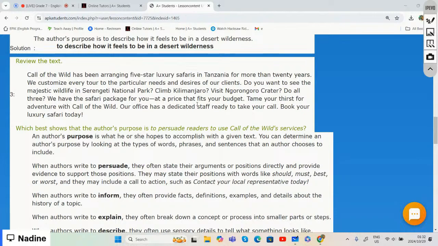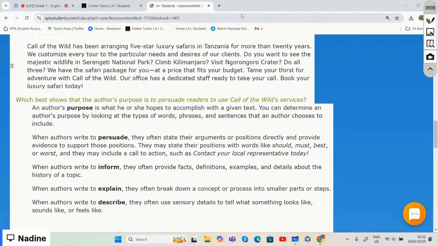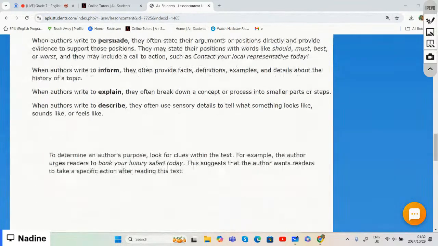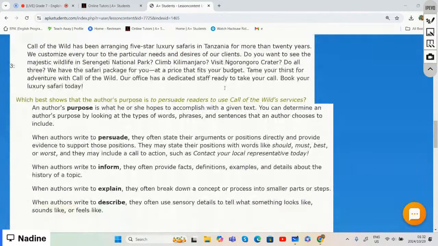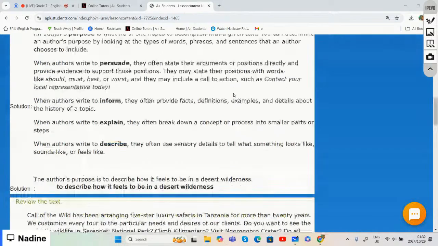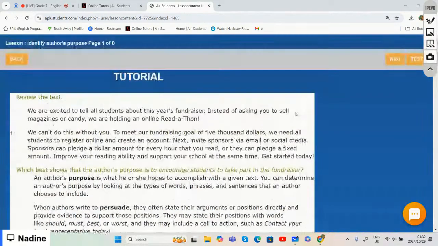They're telling us what perks there are to the trip, the package, right? So that is basically informing us, but also urging us to book a luxury safari. All right, so now we're going to our test where we're going to identify the author's purpose.